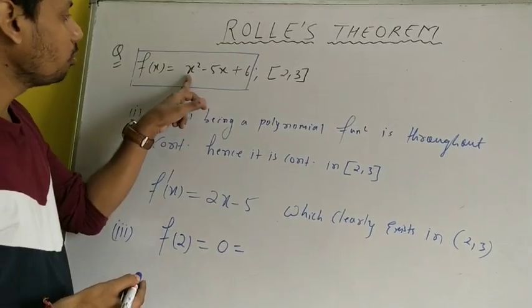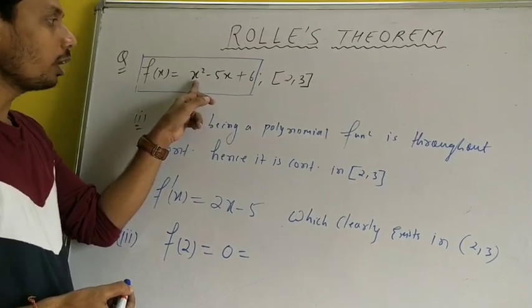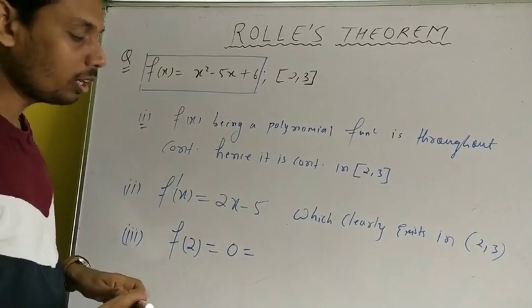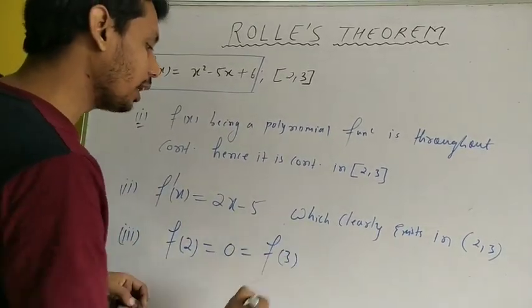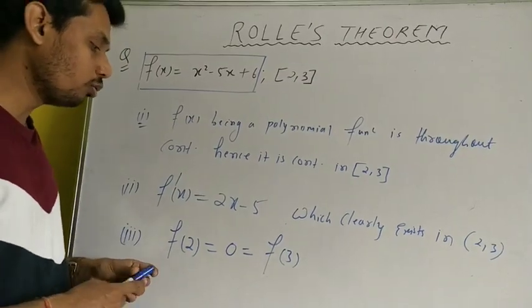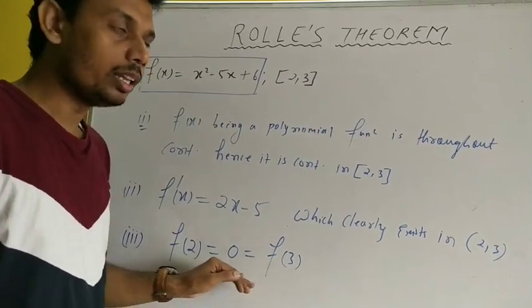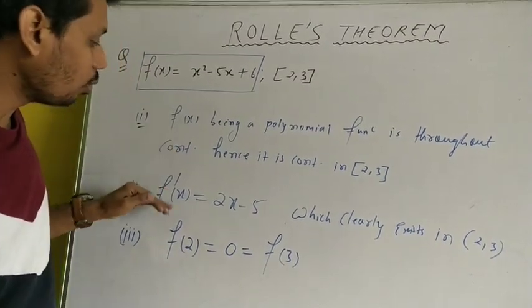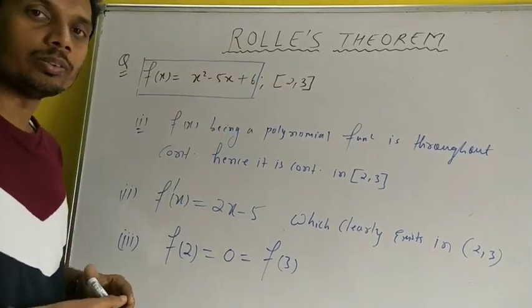If we replace x by 3, 3 squared is 9, 9 plus 6 is 15, minus 5 into 3 is minus 15. So plus 15 and minus 15 equals 0. So f(3) is equal to 0. So f(a) and f(b) are equal to each other. So the three conditions hold for this function in the given interval.